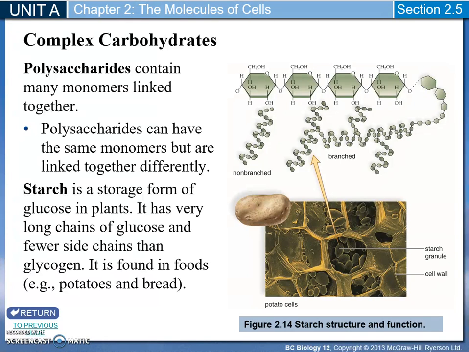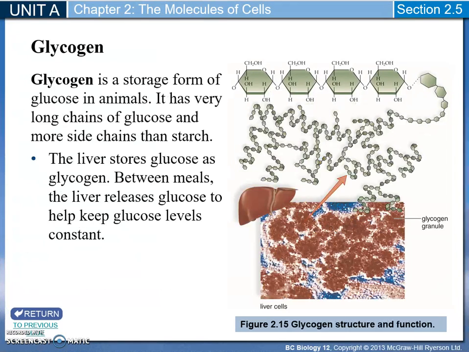Glycogen is a polymer of carbohydrate that's stored in animal cells. So the starch then, it's found in foods such as potatoes, bread, and many examples of that. So that would be starch, and then the glycogen then, as I just mentioned, it's the storage form of glucose in animals.